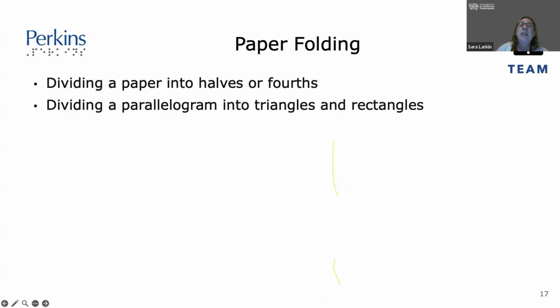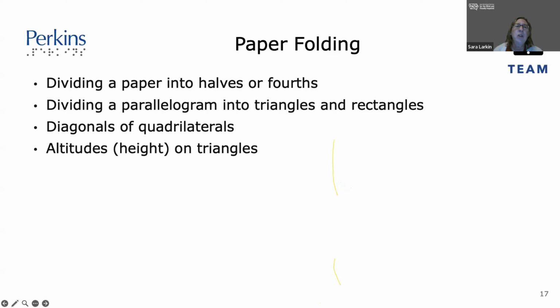I can use a parallelogram, just a paper that's a parallelogram, and I can divide it into rectangles and triangles to talk about the area. Diagonals of a quadrilateral are really easy with folded paper in that I can just fold along where that diagonal would be, open it back up, and allow the student to trace those diagonals.